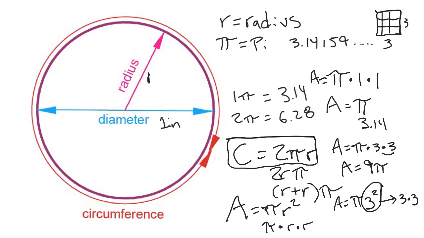If I actually had 3 squares in this direction and 3 squares in this direction, if you add them up, it equals 9. That's why you can use the word square. In a little bit, we'll be using cube, which is to the power of 3, but we're not there yet. That'll be for volume. So this is the basics of the radius. Your things to remember: circumference is 2 pi r, and area is pi r squared. Remember those when you're doing your assignments.